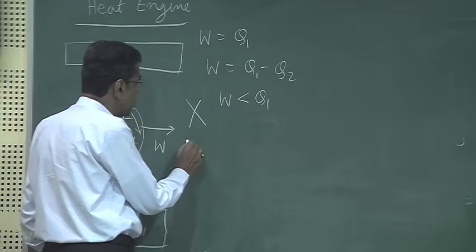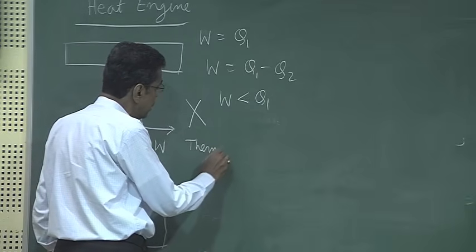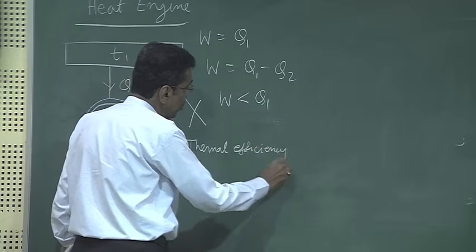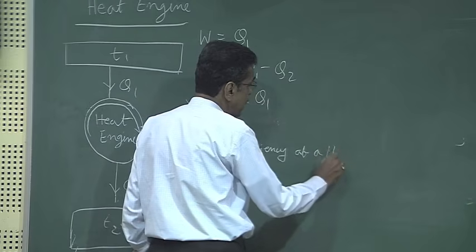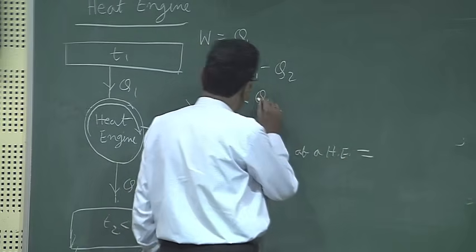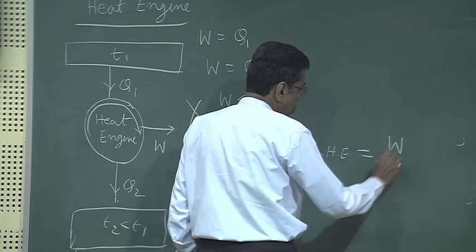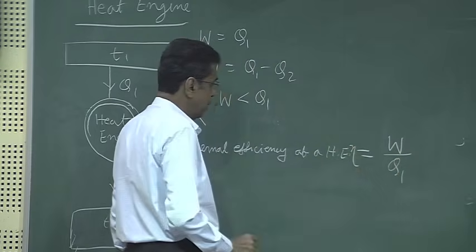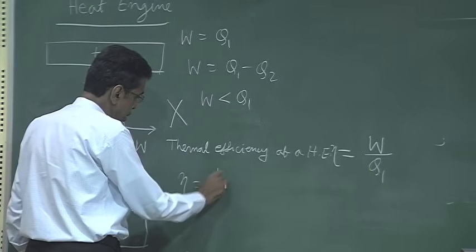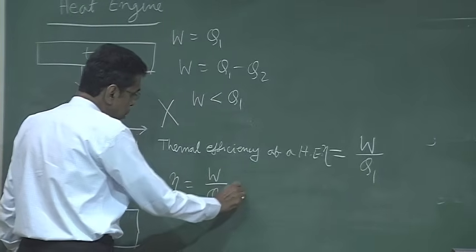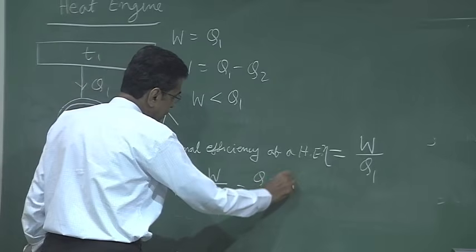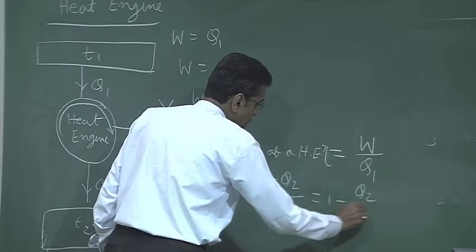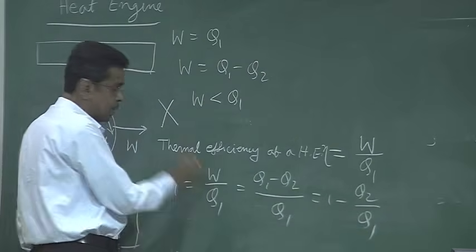Now in this context, we define the thermal efficiency of a heat engine as the desired output W divided by the heat input Q1. This is given by eta. So eta is W by Q1, or one can write (Q1 minus Q2) by Q1, that is equal to 1 minus Q2 by Q1. By the second law, W is always less than Q1.